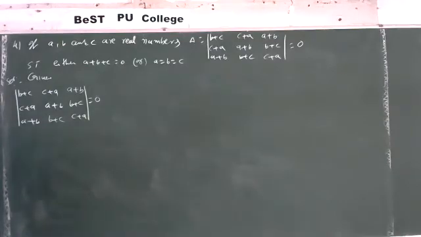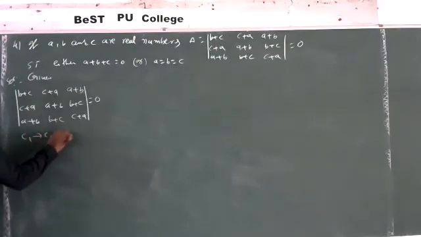Okay. Here if you apply R1 goes to R1 plus R2 plus R3, or C1 goes to C1 plus C2 plus C3, b plus c plus c plus a plus a plus b becomes 2 into a plus b plus c. Apply C1 goes to C1 plus C2 plus C3.